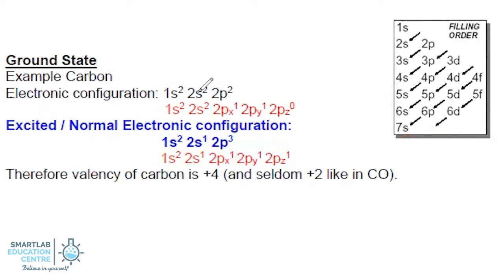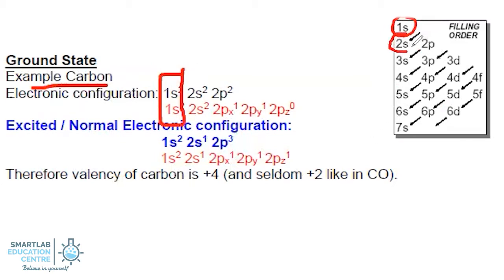And heading back to the example of carbon, carbon has 6 electrons, so we have to fill in the order that the arrow is indicating, which means we fill up the 1s first. And 1s as a whole can only hold a maximum of 2 electrons. So that's how your 1s2 comes about.